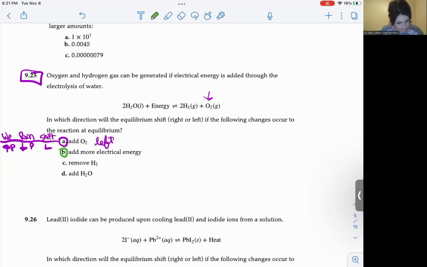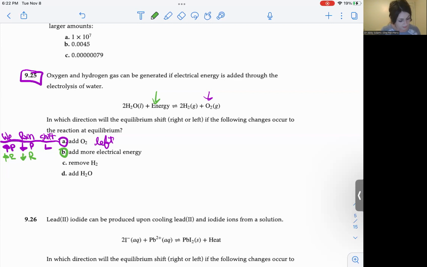If we are adding electrical energy, we are adding reactants. So the reaction, to maintain equilibrium, is going to try to do the opposite thing. It's going to lean the other way, right? So you can think of it like a seesaw kind of. To balance the seesaw, the other person on the other side, I guess that's the reaction, is going to try to do the opposite if you want to be level.